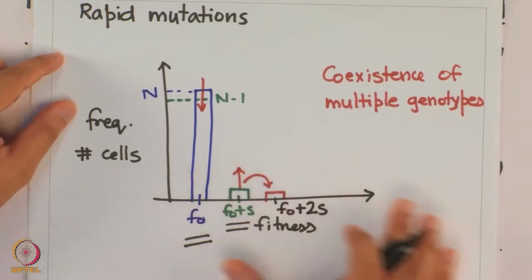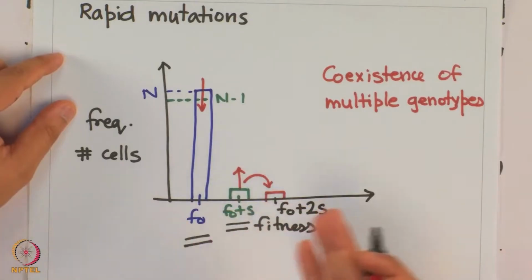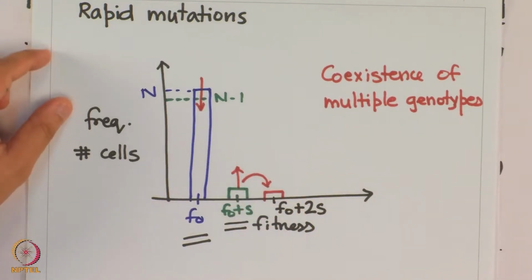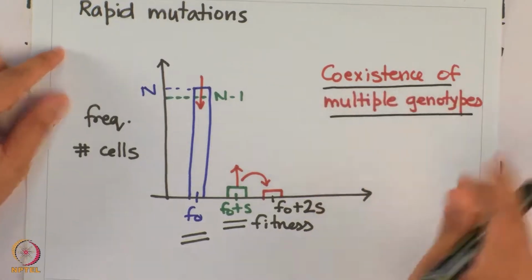What that eventually results in is coexistence of these three genotypes, and the story keeps on repeating itself, with newer genotypes arising while the older ones are being removed continuously by selection. And this leads to the coexistence of multiple genotypes.